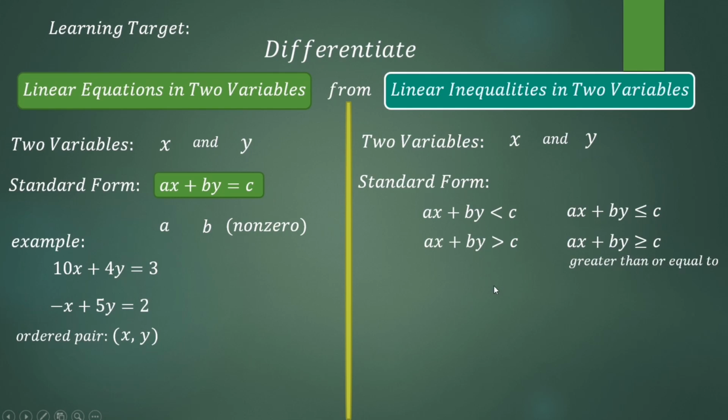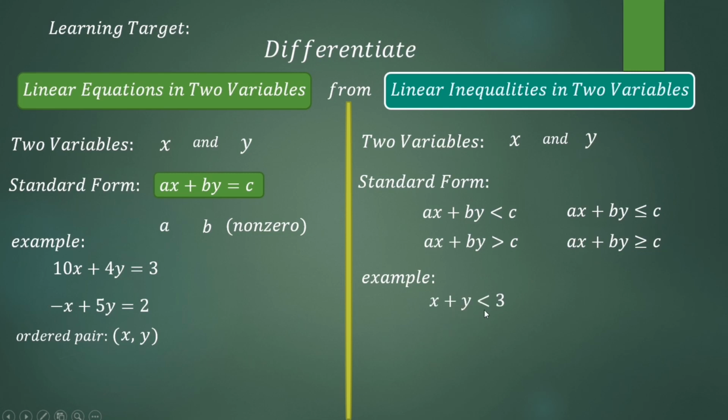Kasintulad din sa standard form ng linear equation, ang kaibahan lang, we are using here the inequality symbol. Meron tayong less than, greater than, less than or equal to, and greater than or equal to.